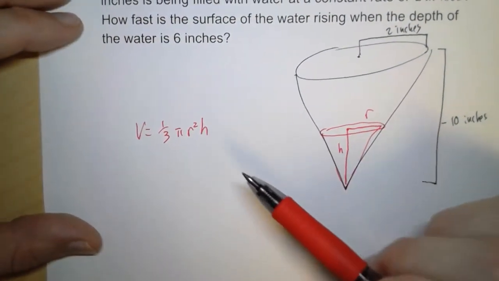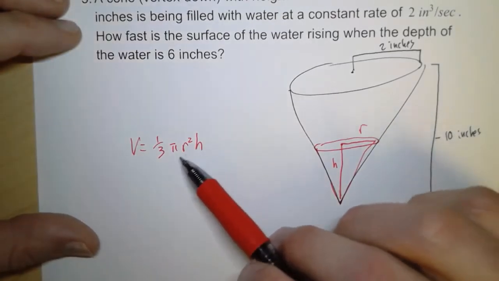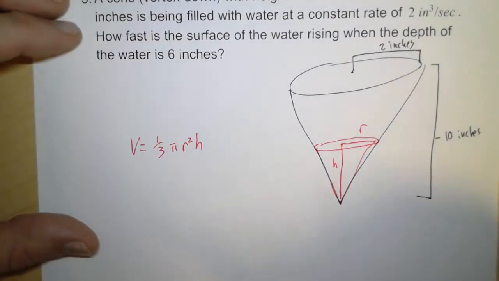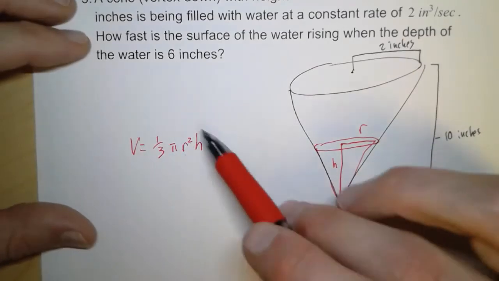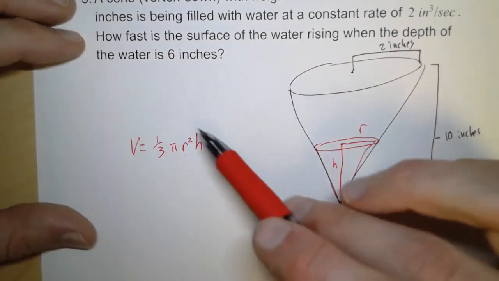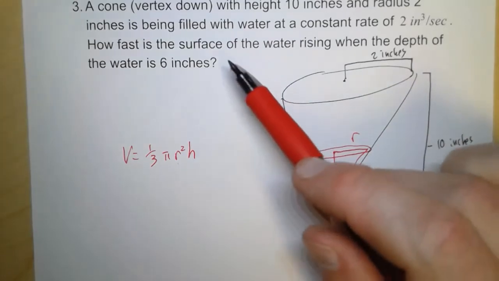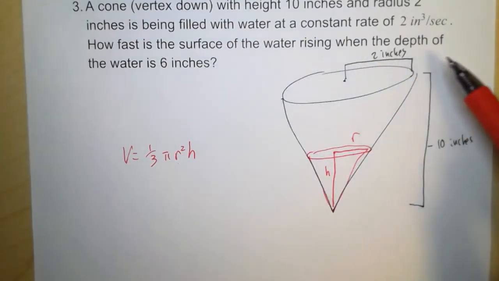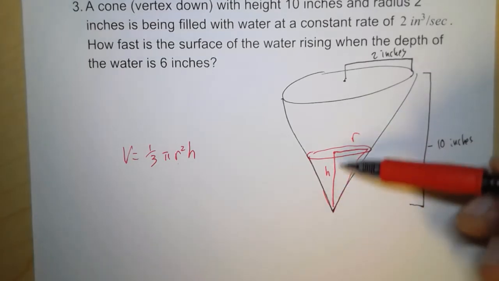Now, similar to the trough problem, what we want to do is ask, well, we have two different variables. Both r and h are changing, but we can substitute one for the other so that we have just one variable here on the right-hand side instead of two. So what we look at is we ask, how fast is the surface of the water rising when the depth is 6 inches? So that means we're asking, how fast is h changing?